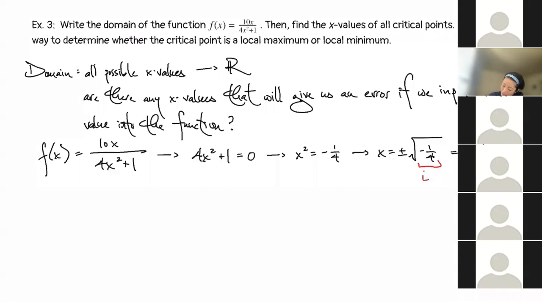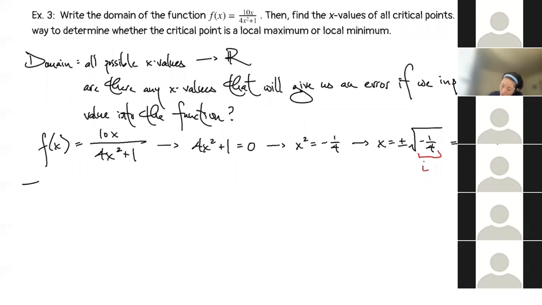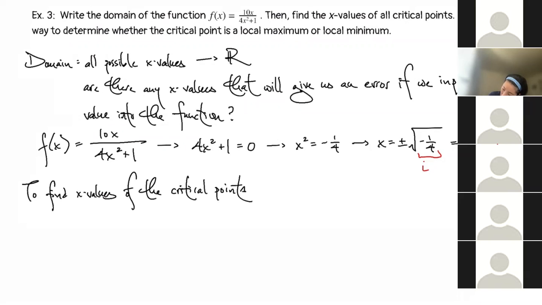Since this is our first question, I'm wondering if you folks can help me fill out this description: to find the x values of the critical points, what might I need to use? What steps might be helpful in getting us to the x values of a critical point?